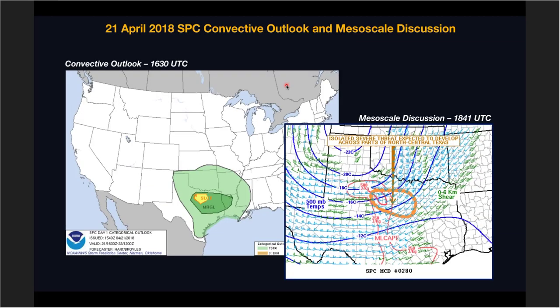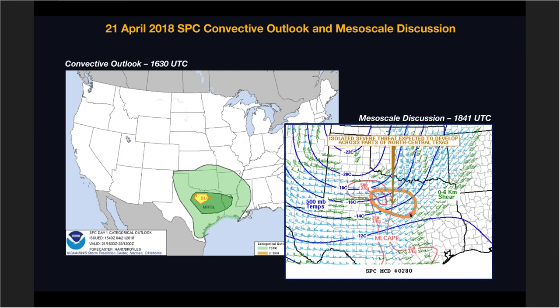So the day we're going to look at is April 21st, so that was 4 days ago. This is the 1630 SPC outlook. You can see there is a slight risk across northern Texas, Dallas-Fort Worth area, and then slightly to the west. And at 1841, an MD was issued.